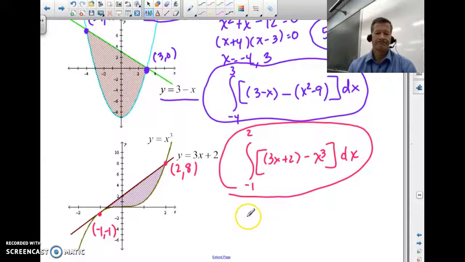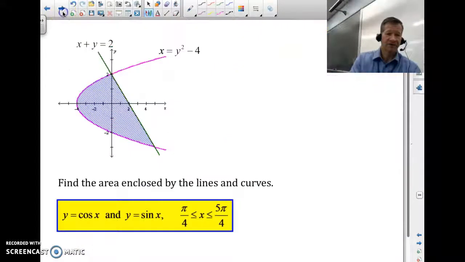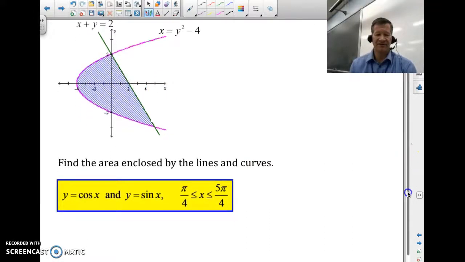Okay? All right, now notice I'm focusing on just setting up the integrals now. The exercise of going ahead and finding antiderivatives and substituting, that is something that hopefully you have established pretty well so far. Okay, now from here, I'm going to skip this problem and save that for the second video.